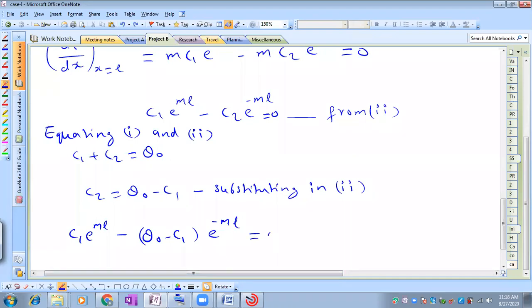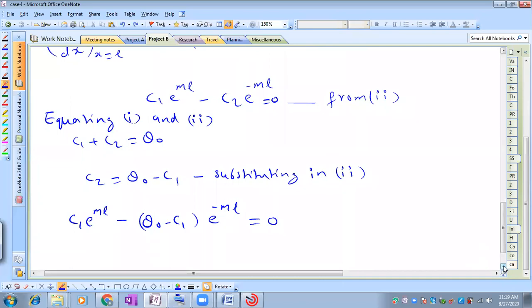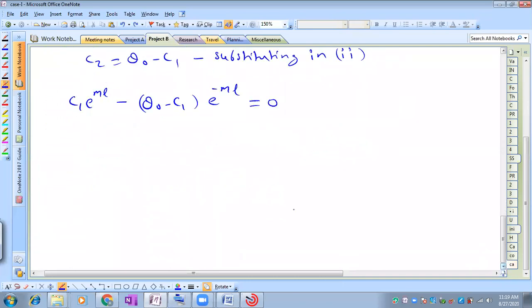Okay. So what we understood is we got one equation in terms of C1 only. Now we can calculate the value of C1 from this equation. So we can simplify: C1 e raised to mL minus theta 0 into e raised to minus mL plus C1 e raised to minus mL is equal to 0.